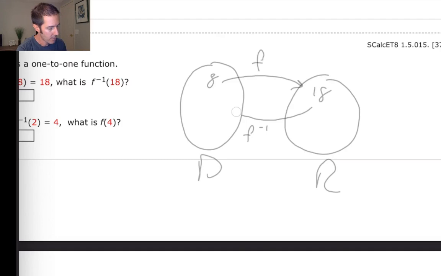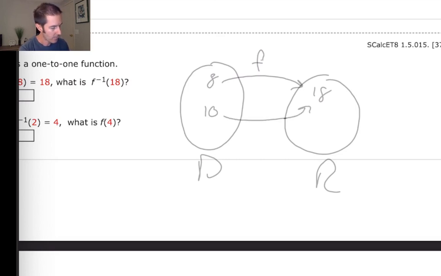What would this look like if the function were not a one-to-one function? It's possible, especially in the case of a parabola, that maybe the number 10 also maps to the number 18.